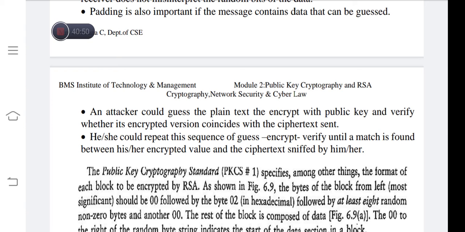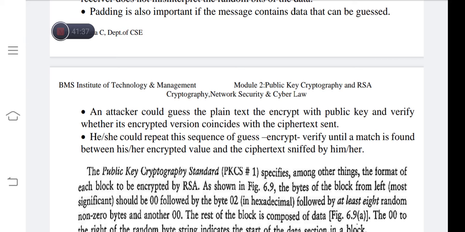An attacker could repeat this sequence of guess, encrypt, verify, until a match is found between the attacker's encrypted value and the ciphertext sent by the sender to the receiver.